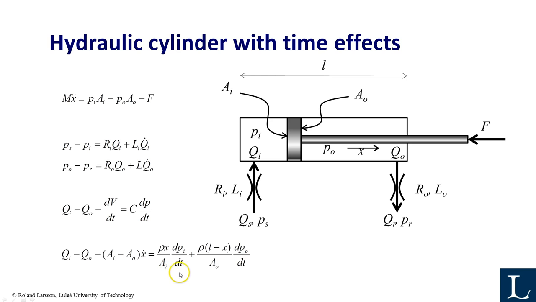Then you have the dp dt, one here and one here, so there is one capacitance here and one capacitance here, which is increasing as this is moving in this direction, and that one then decreases. So this is the C for the inlet and C for the outlet. You can simply apply these equations if you want to make a more complex model of your hydraulic cylinder, if you have a sudden motion of it, for example.